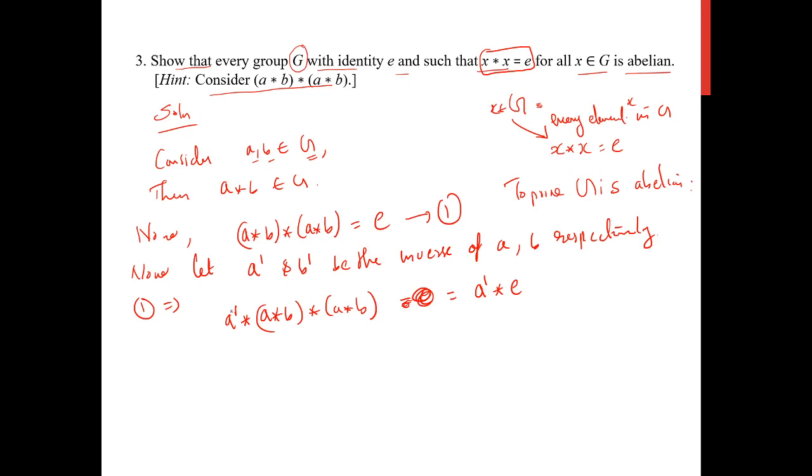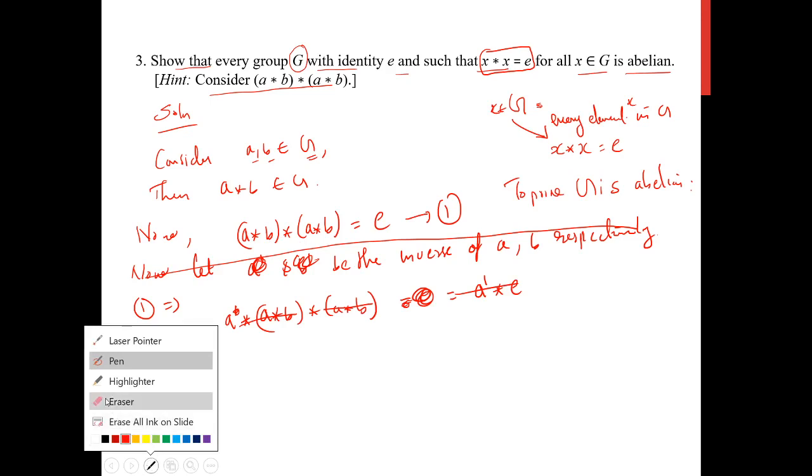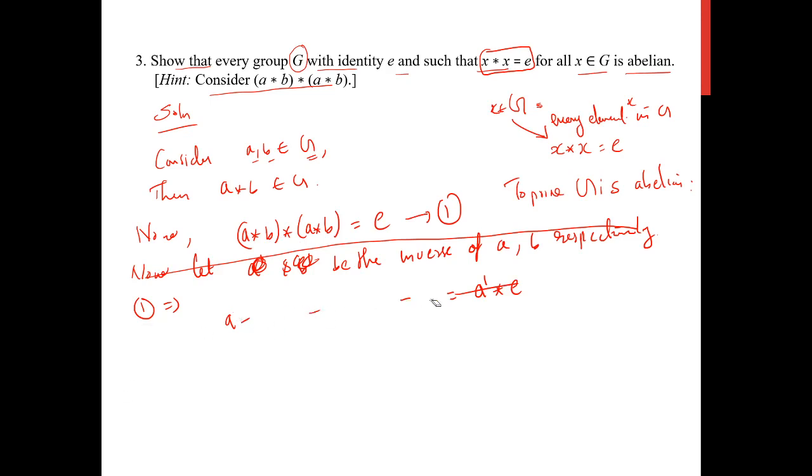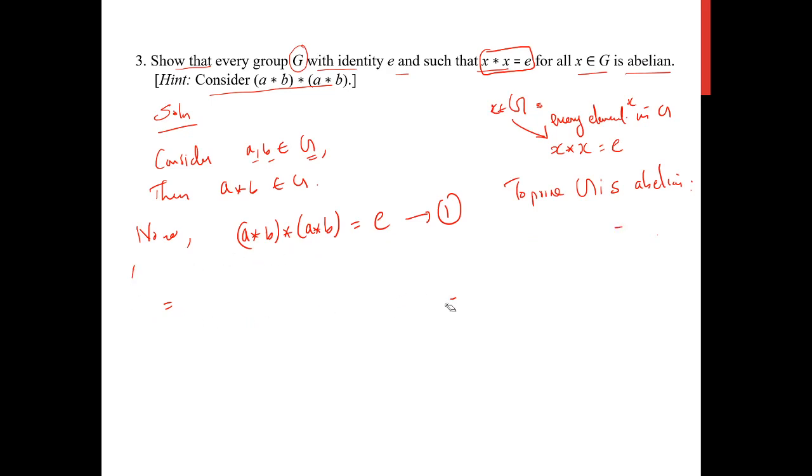Sorry, I'm not taking the inverse. Sorry. So what we will do is, I will erase this. We are considering here A star B star A star B equal to E. Now I am multiplying A on both sides.